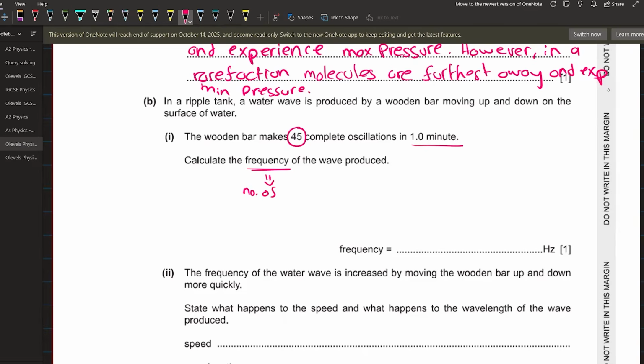Number of oscillations in 1 second is known as frequency. बेटा 45 oscillations हो रही हैं in 1 minute और you can say 60 seconds. 1 सेकंड में कितनी ऑसिलेशन होंगी? Place an X here. Ratio method. X is equals to 45 over 60. That is equals to 0.75 hertz is your frequency. Simple.